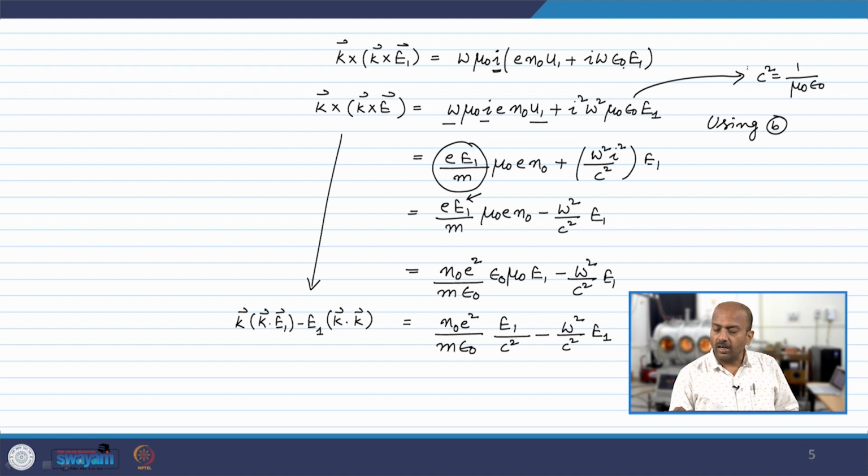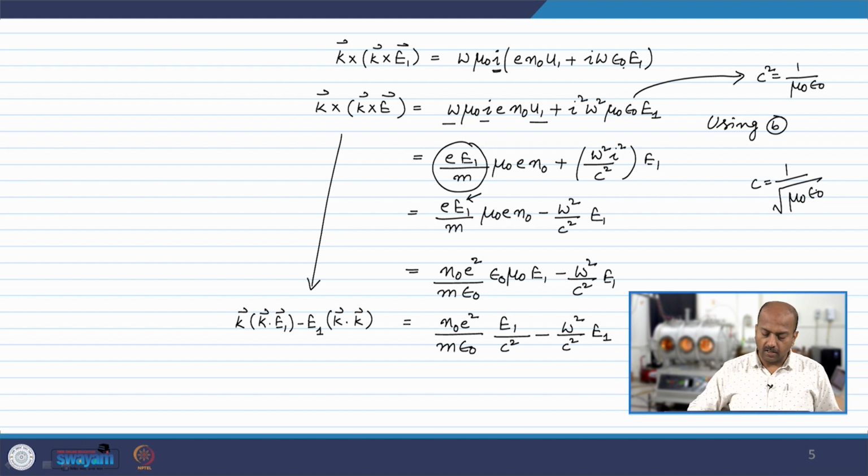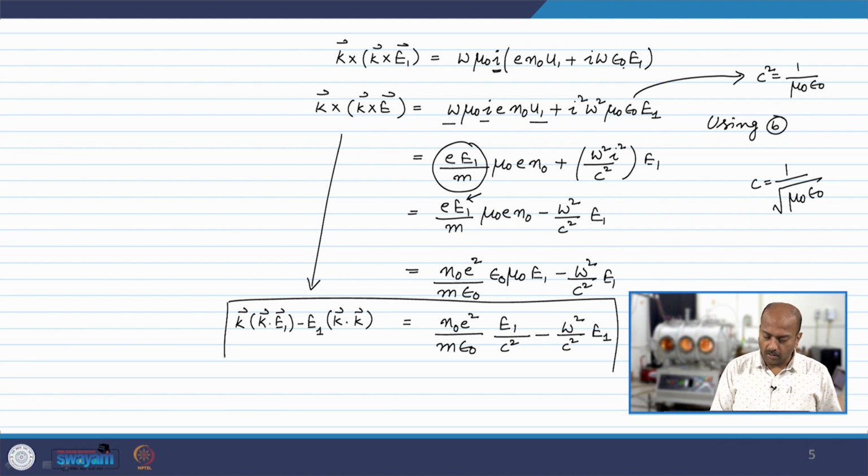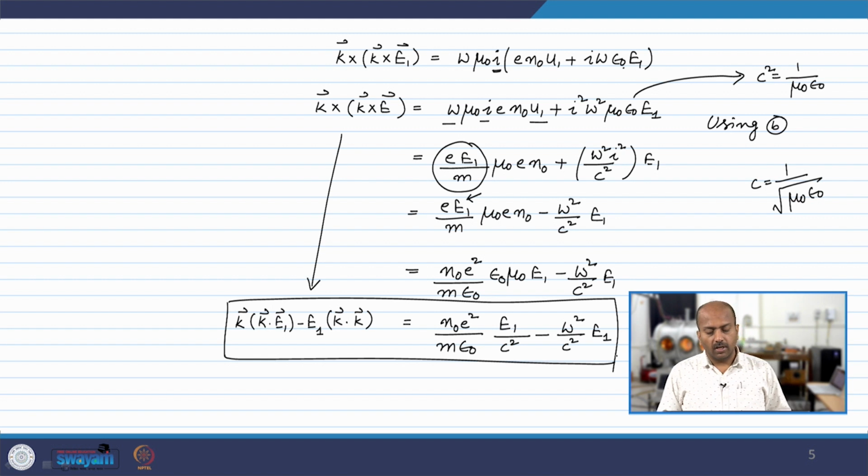I have used the fact that c square is 1 by mu naught epsilon naught, or c is 1 by the square root of mu naught epsilon naught. So, using this, what I have got is k, the propagation constant or the wave vector, k times k dot E1 minus E1 times k dot k is equal to all that appears on the right hand side.